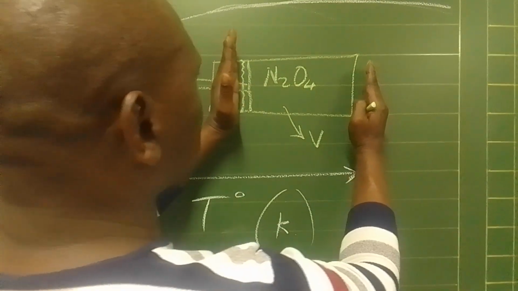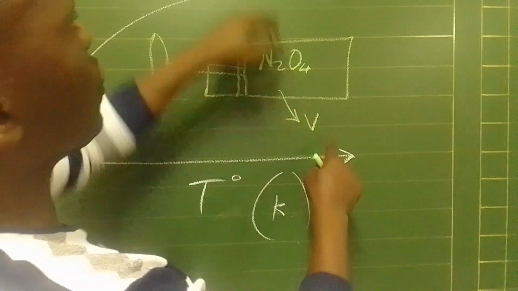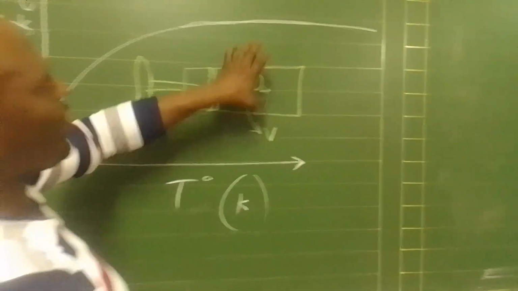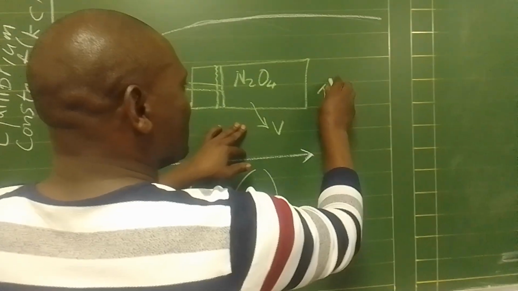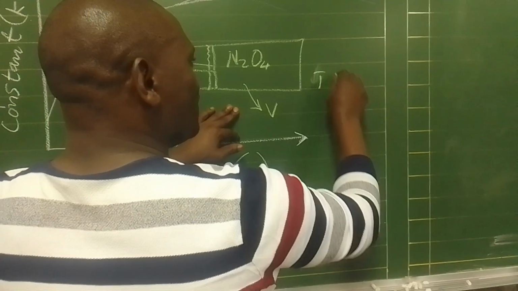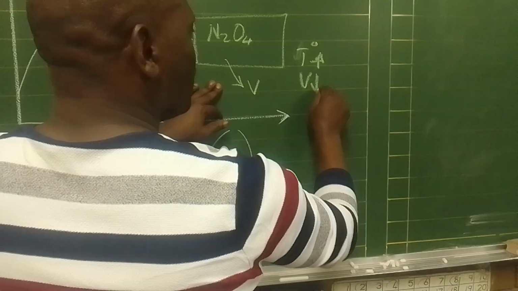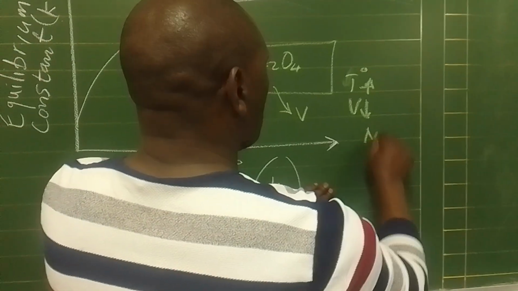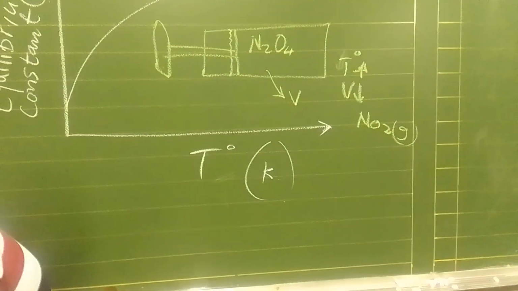If you increase more of the temperature, you are decreasing the volume of the container. So as you press it on, the temperature rises, the volume drops. More of NO2 is going to be formed.